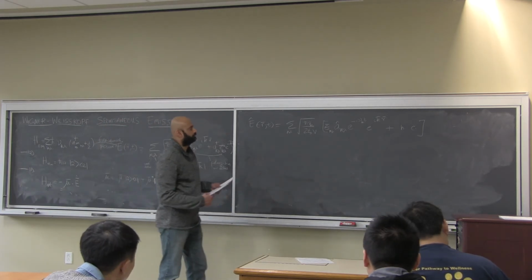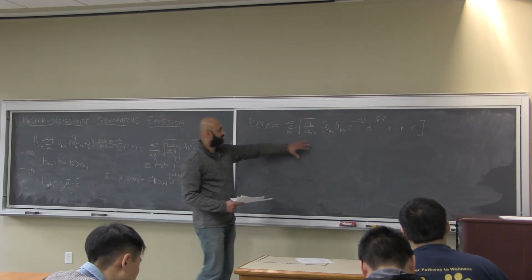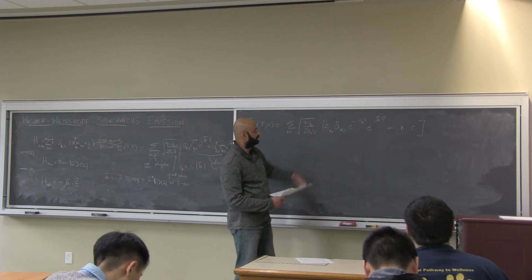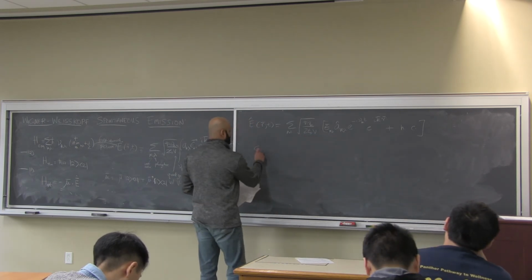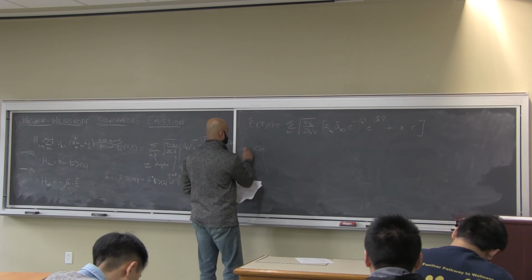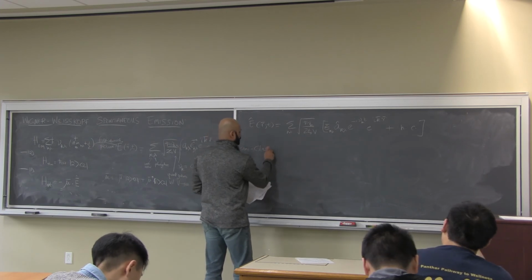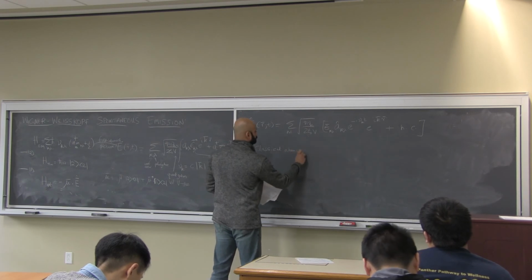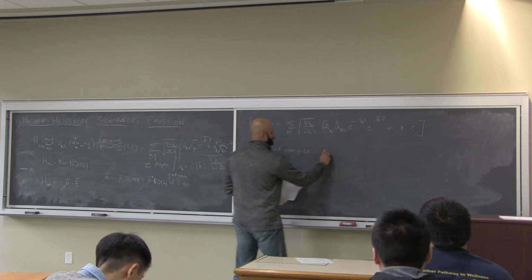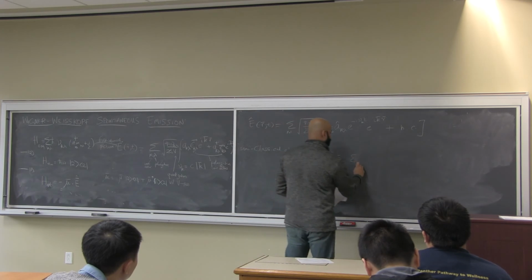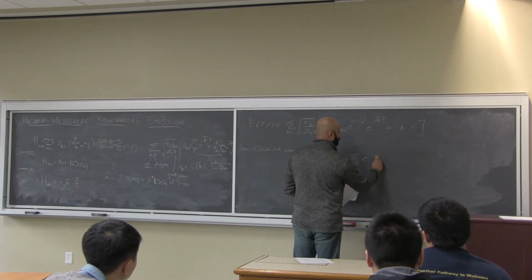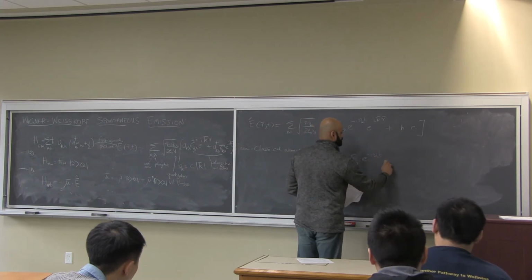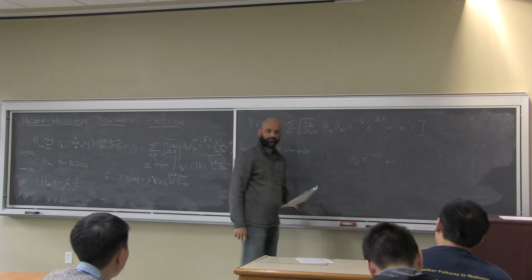Okay, and this should look familiar to you, because when we first did the atom field interaction, the classical or semi-classical atom field, we said that E is some E naught e to the minus i nu t plus complex conjugate. Remember?